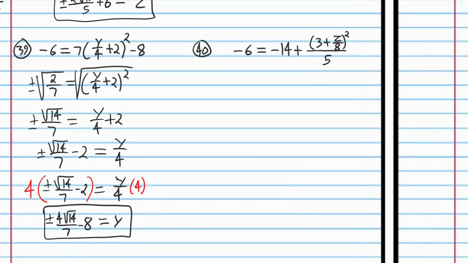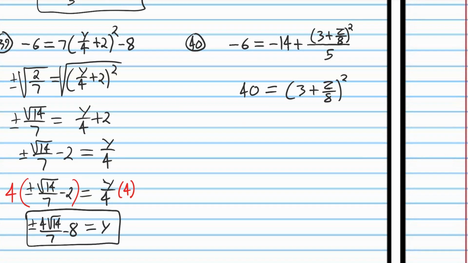All right, we're back. So I think we get 40 is equal to the square. And then we're going to square root both sides.